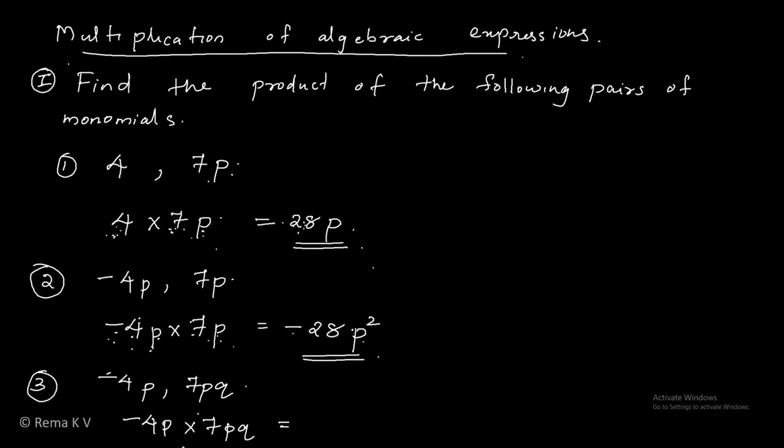Multiplying the numerical coefficients, minus 4 into 7 is equal to minus 28. Then p into p becomes p square, and q only one time, so we have to write this q. The answer is minus 28 p square q.